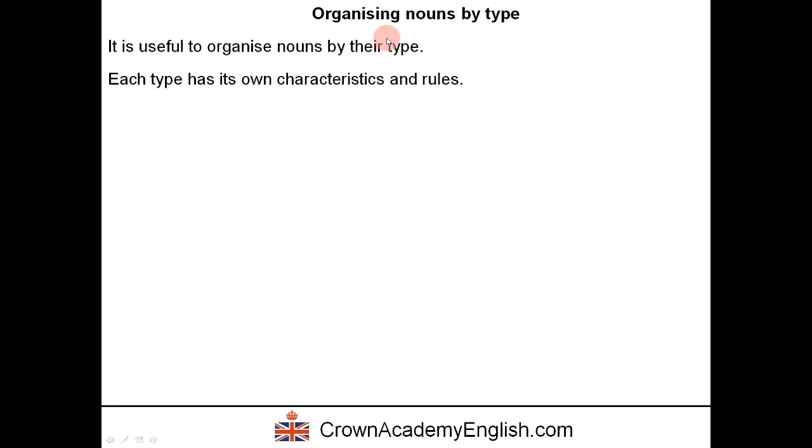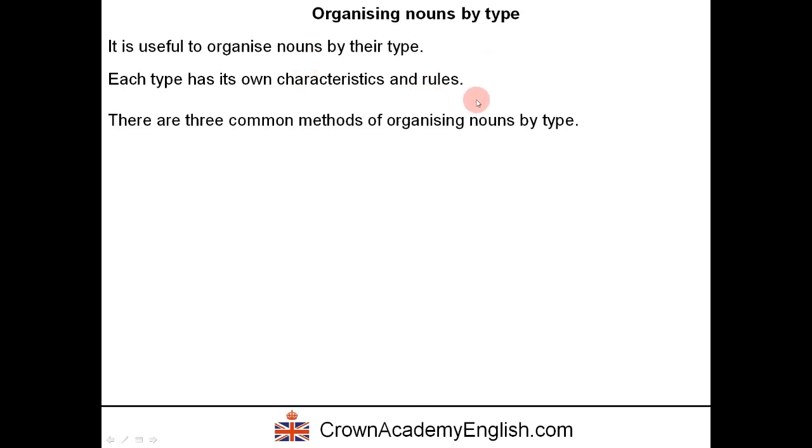By putting a noun into a particular group, it helps us with the grammar rules. So there are three common methods of organizing nouns by type.